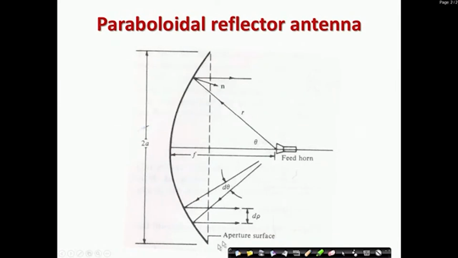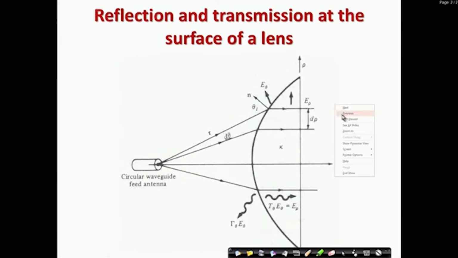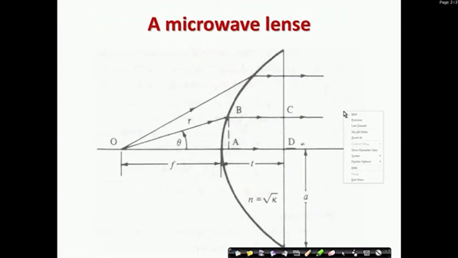So, we now relate that if I know the power radiation pattern of the feed, what will be the aperture field distribution? This will be our first task. But before that, I want to show you two slides.